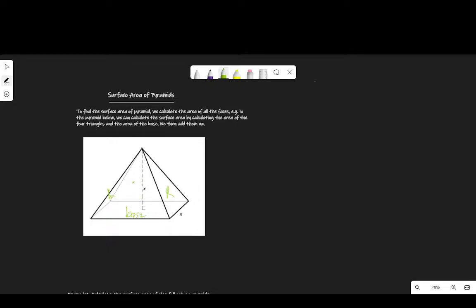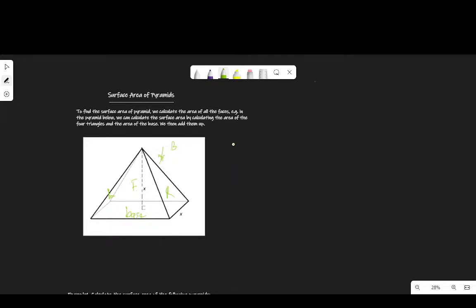Then we'll calculate the area of the triangle in front and then the area of the triangle at the back, let me call it B. So area of the base plus area of the left triangle plus the area of the front triangle plus the area of the right triangle and the area of that triangle at the back. When we add up all of them together, that will give us the total surface area of this very pyramid.